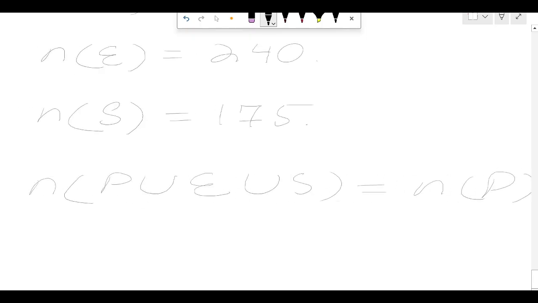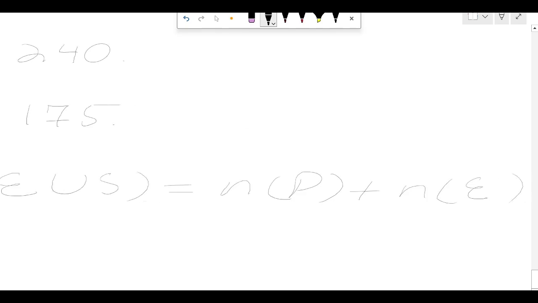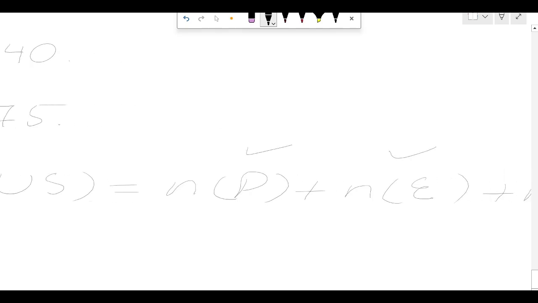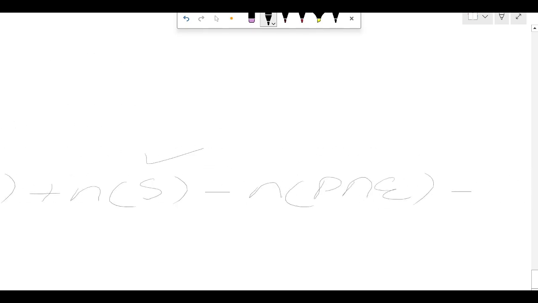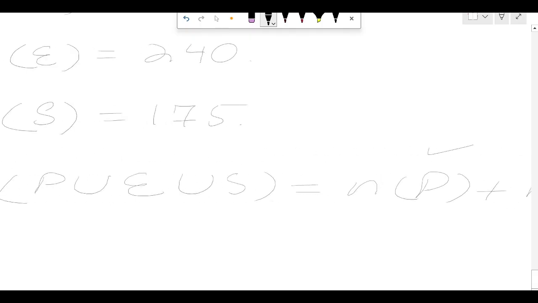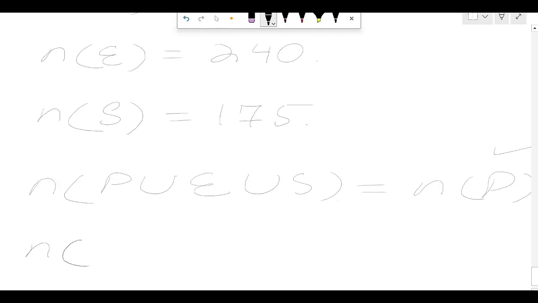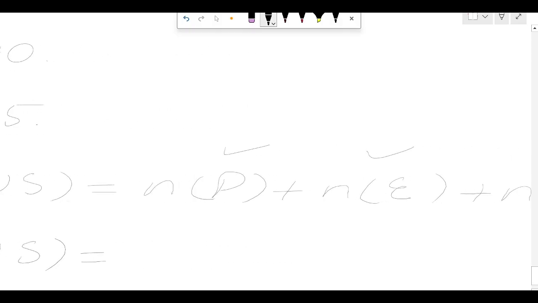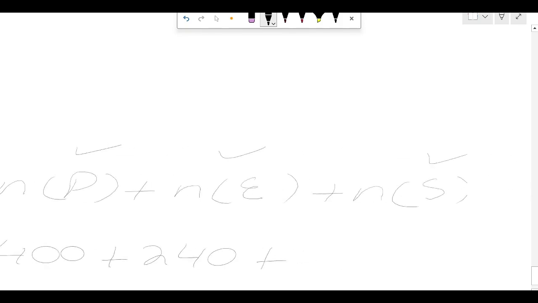So by taking a glance at this equation, you will see that we have the number of P, the number of E, the number of S, but the intersection isn't given, so we will consider them as 0. So this means that the number of P union E union S is equal to number of P plus number of E plus number of S, which is 400 plus 240 plus 175.